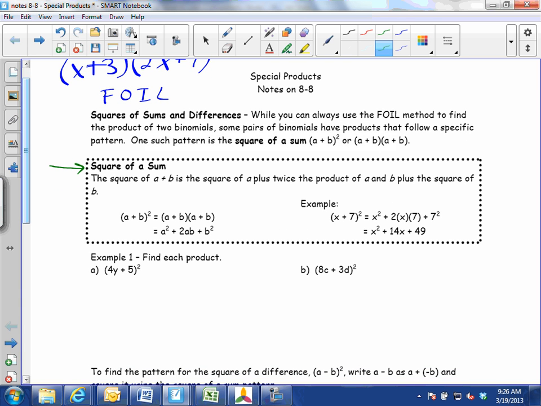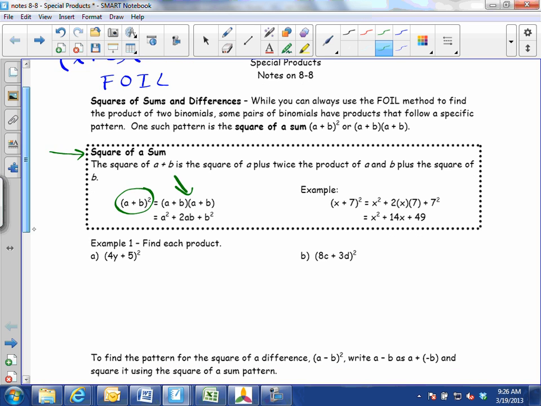So in this case, we're talking about when everything is squared on the outside. Squared means to take it times itself, right? So if I have something like (a plus b) squared, this really means take it times itself. But instead of having to go through FOIL, which you could, I know it always follows a pattern.